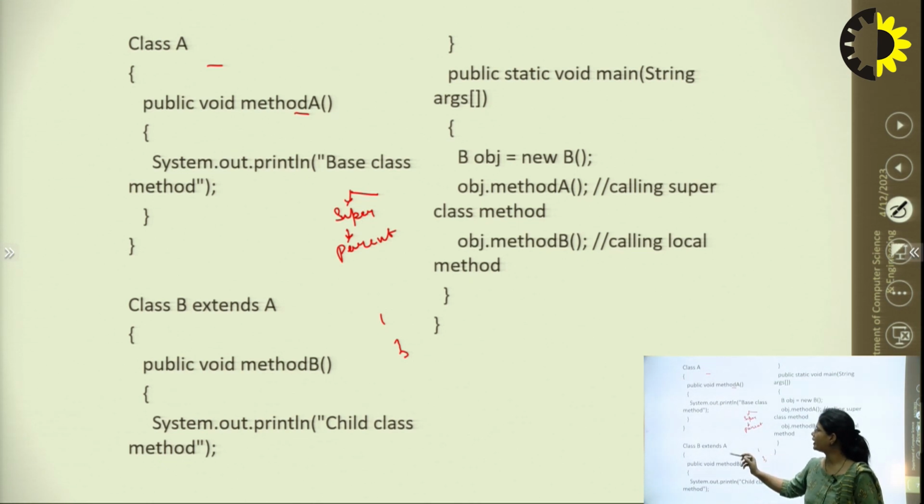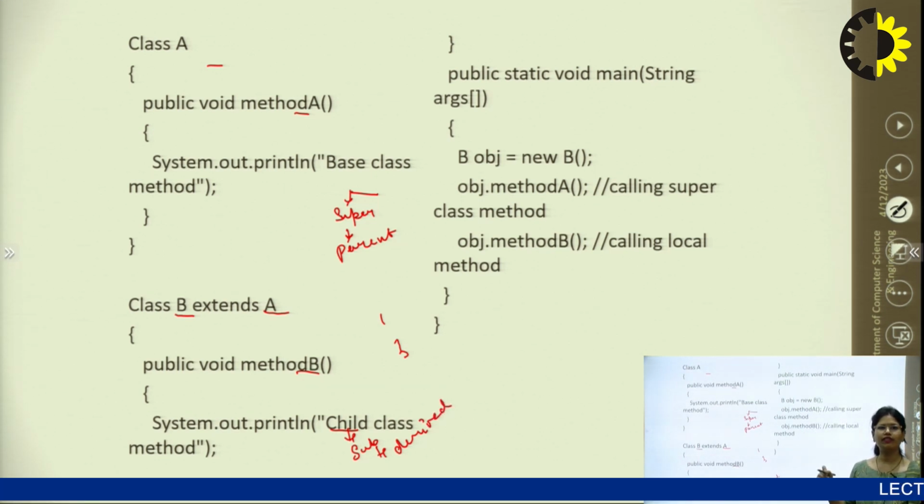Now I am creating a subclass, class B, which is extending the parent class A, and here I am declaring another method, method B, where I am saying that it is a child class, or subclass, or derived class.